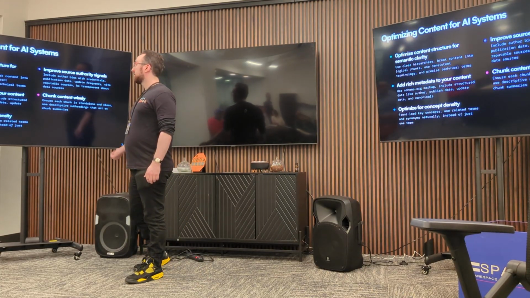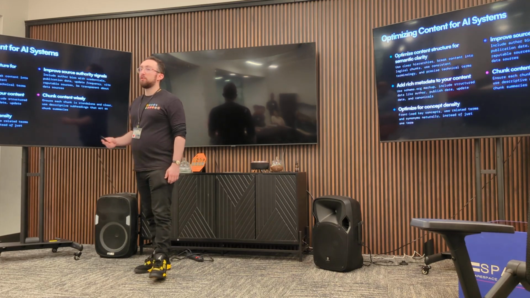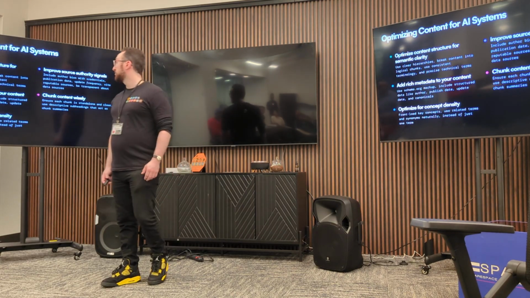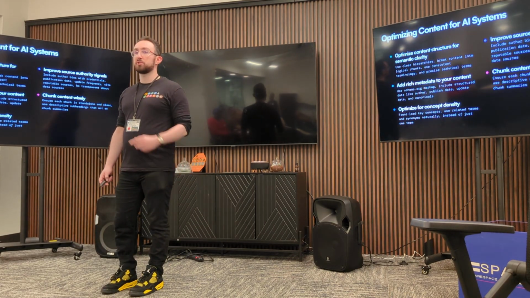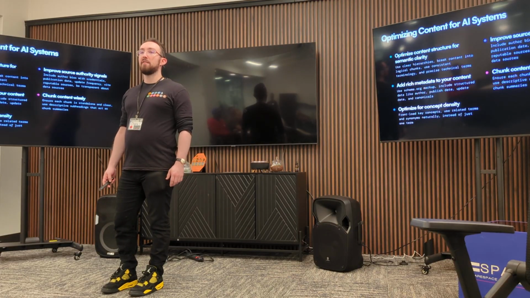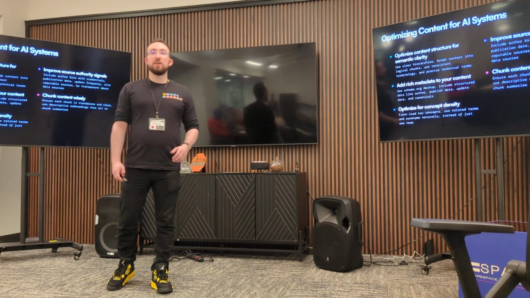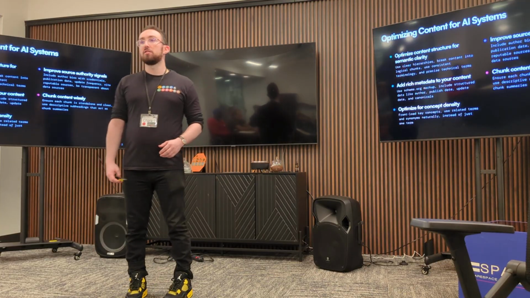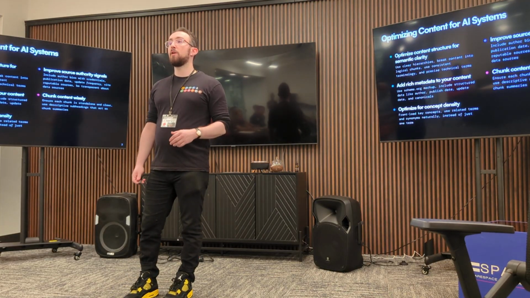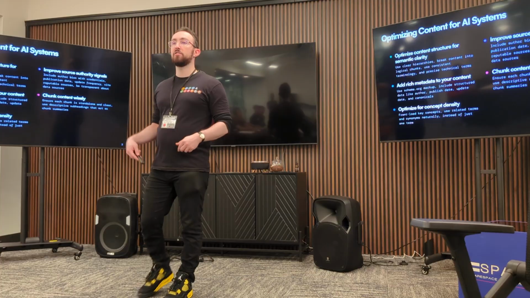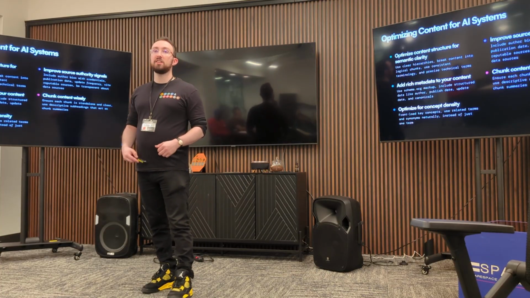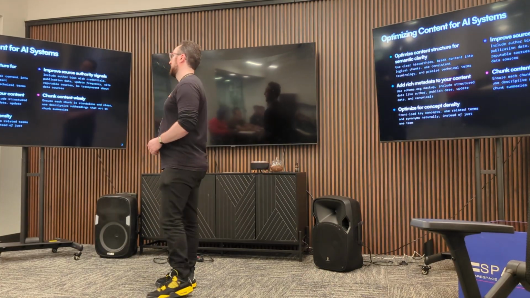Let's say you have an article: you want to have the author, publish date, and canonicals, which I'll get to later, because AI is more interested in authority. They always try to cite what they're telling the user, so you want to make it easy for those citations to be made.